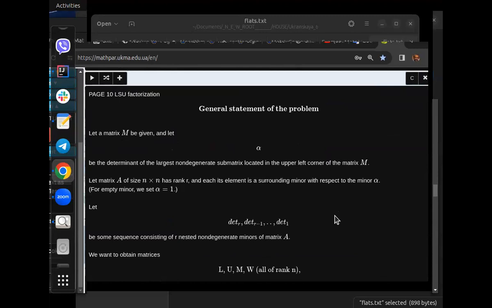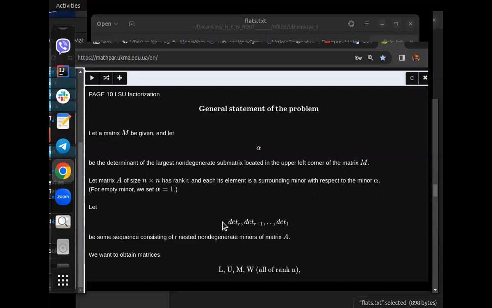General statement of the problem. To solve this problem, we must do a little more. We have a matrix A given, and let alpha be the determinant of the largest non-degenerate submatrix located in the upper left corner of matrix A. Let A have size n by n, rank R, and each element of this matrix A is surrounded by minors with respect to the minor R. For the empty minor, we say that alpha is equal to 1.